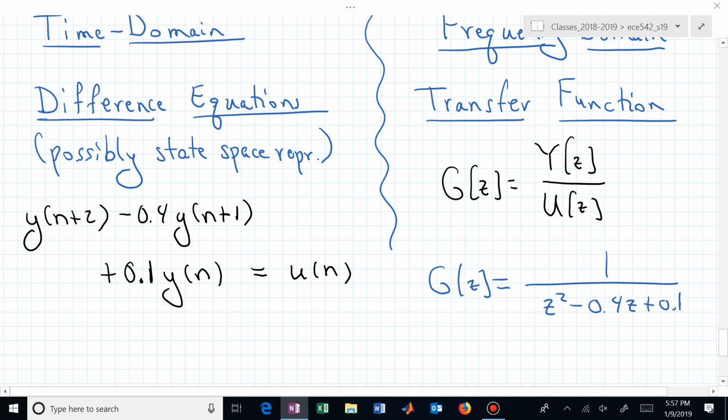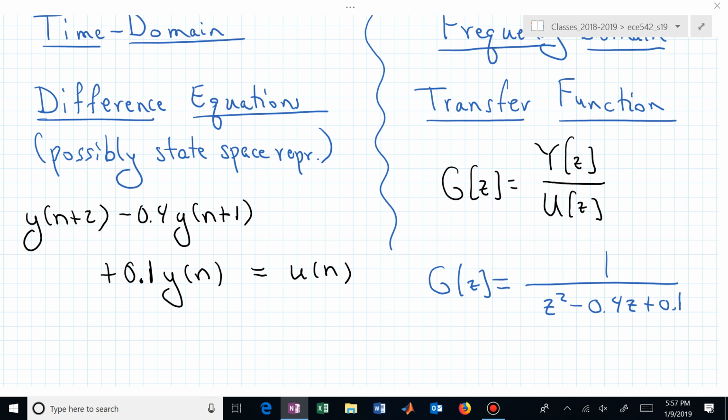And again, we didn't have any weighting on the input term, or the u of n, and so our g of z, if we were looking at this as a pure discrete time system, we would now be starting with the system description of g of z given by 1 over z squared minus 0.4z plus 0.1.